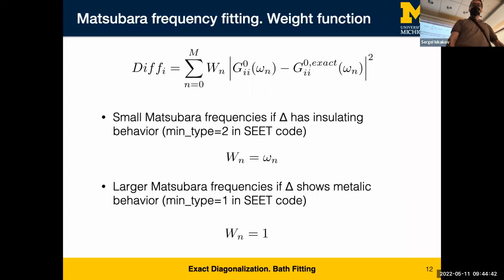And for the high frequency, like for the weight function, we have basically the rule: when you get the hybridization function, you look into it, and if you see that the delta has the insulating behavior, you set this parameter mean time to 2, which basically tells you that your weight function is omega n.